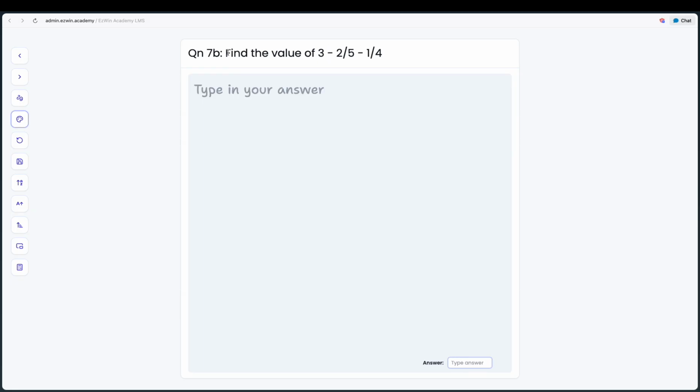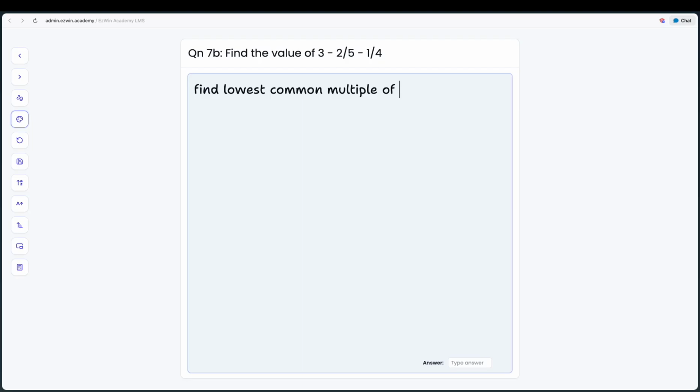Question 7b, find the value of 3 minus 2 out of 5 minus 1/4. So find the lowest common multiple of the denominators, which in this case, 5 and 4, is 20.